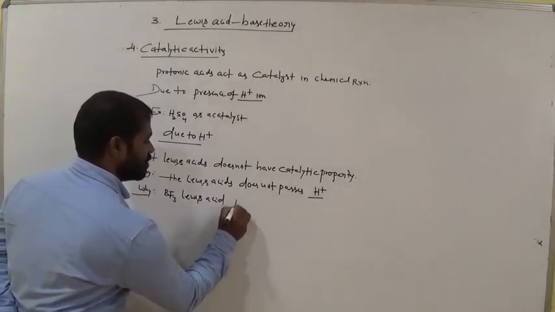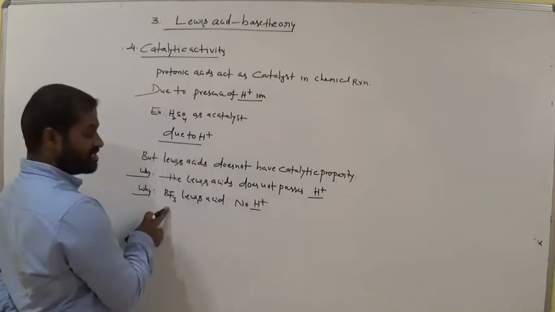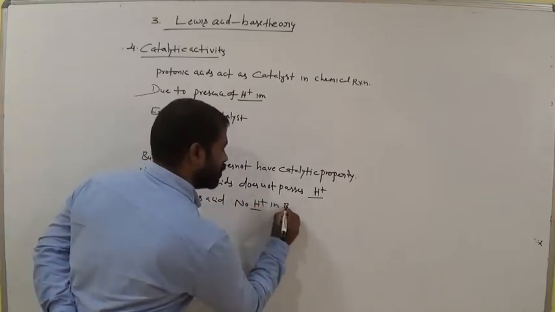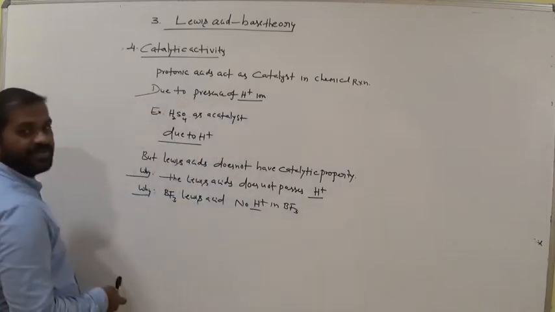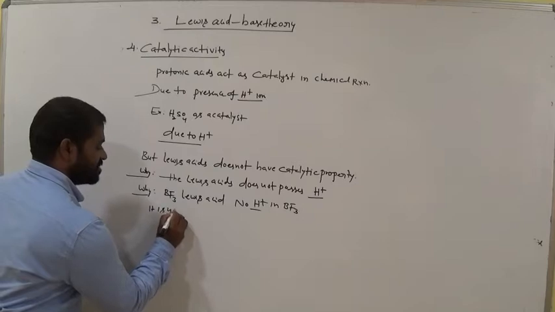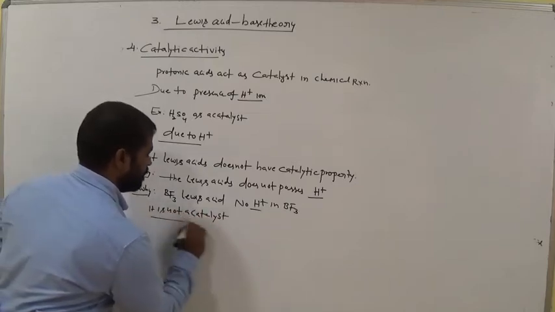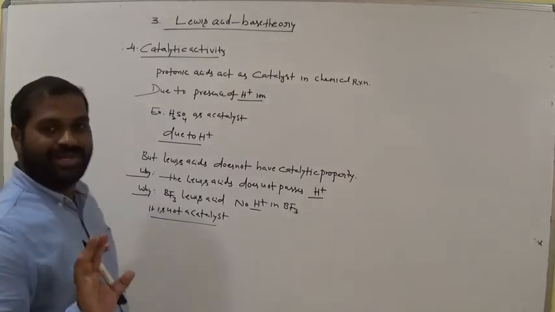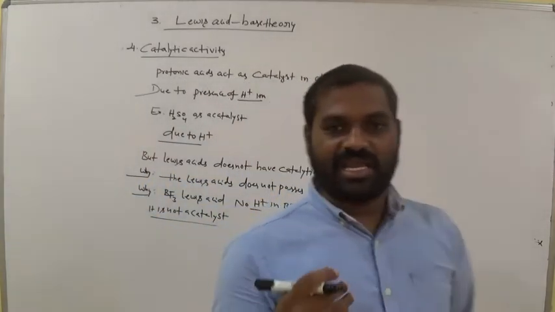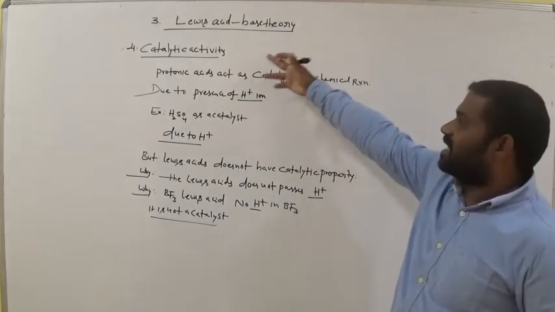No hydrogen, no H plus. No H plus in BF3. So it is not a catalyst. Okay, so Lewis acids do not act as catalysts. So Lewis acids cannot possess catalytic activity.